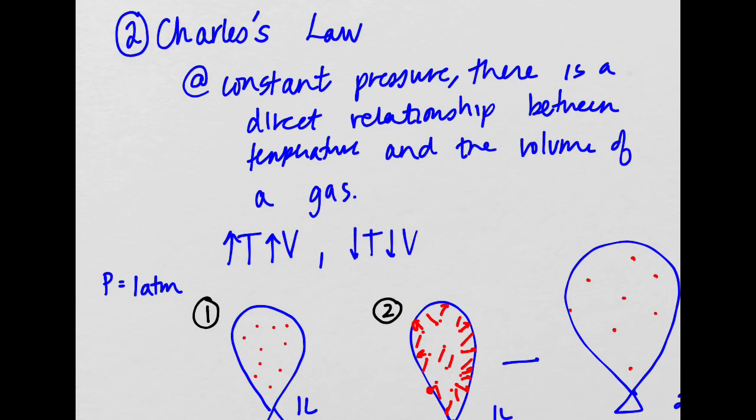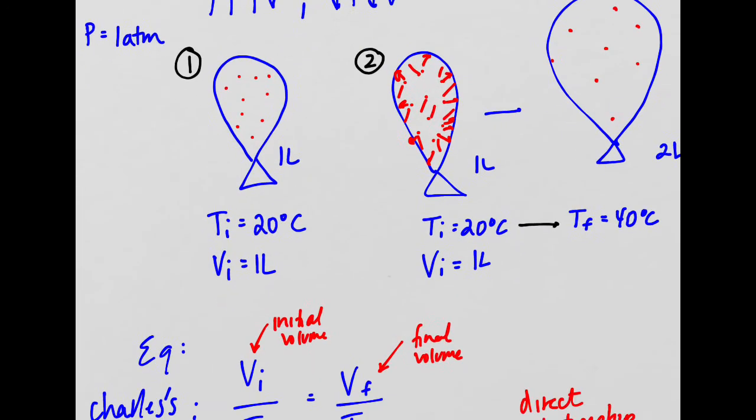And then Charles's law is the second law that you need to understand. Charles's law states that at a constant pressure this time, there is a direct relationship between temperature and the volume of a gas. So as temperature increases, so does volume. Or as temperature decreases, so does volume, as long as pressure remains the same.